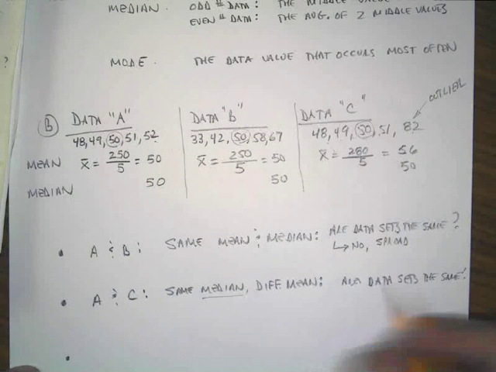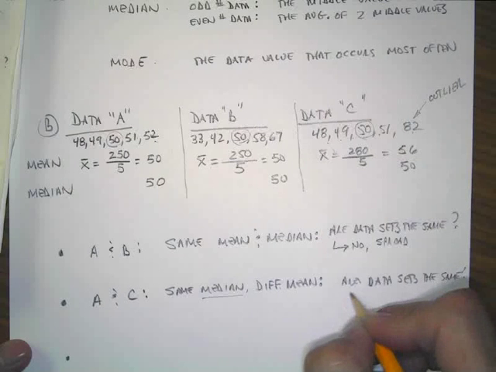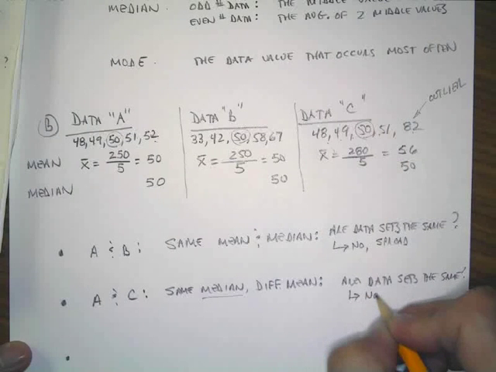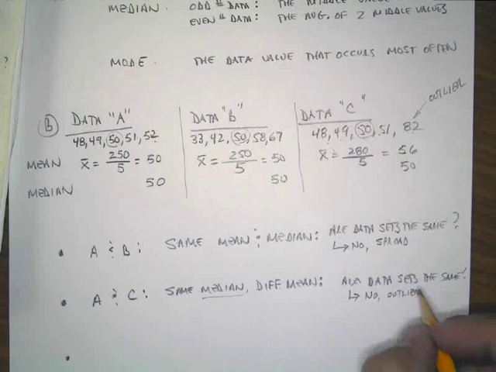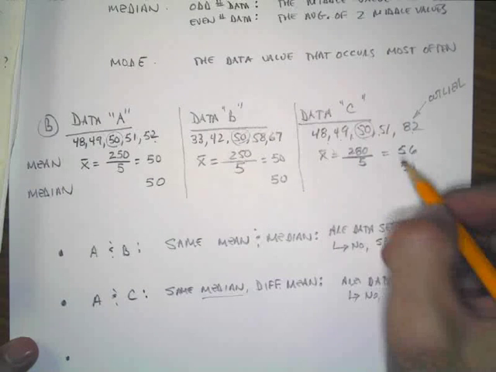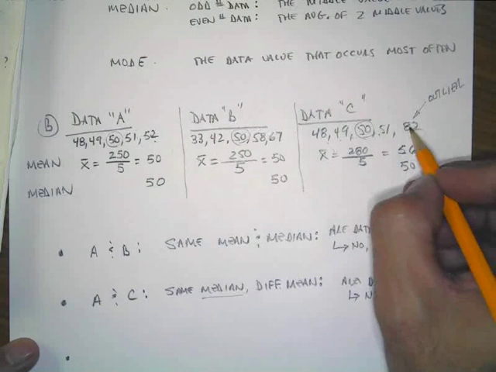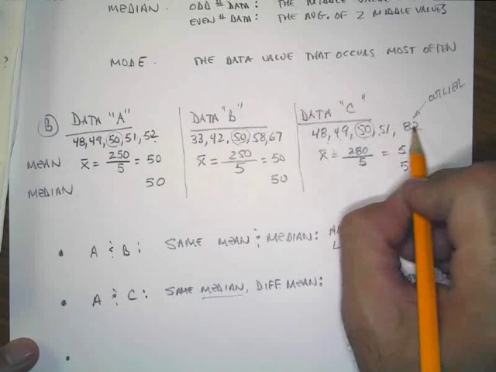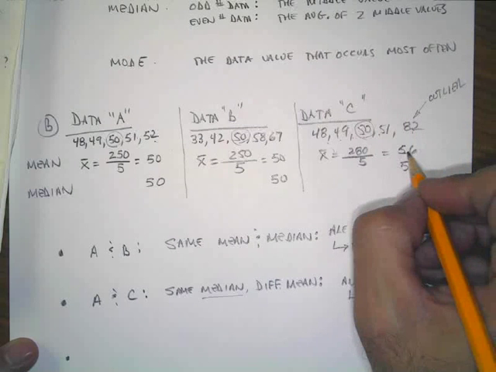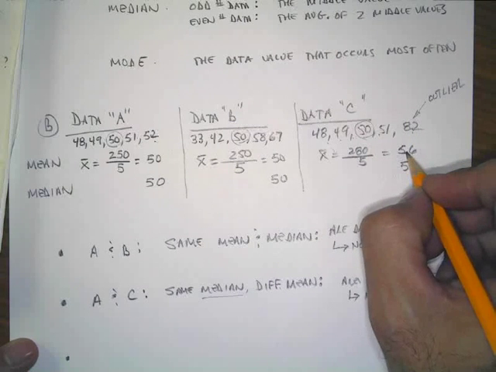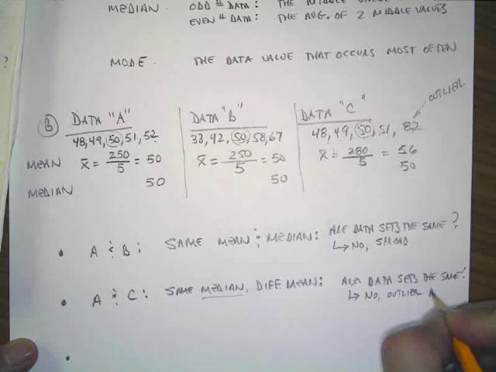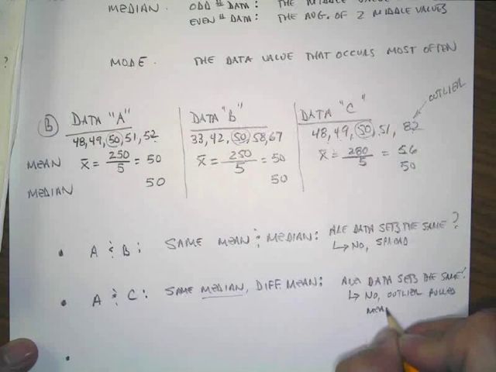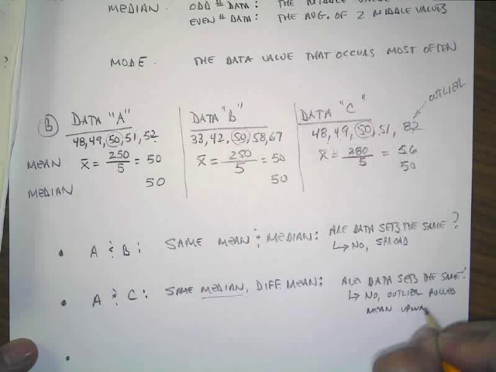So, are the data sets the same? No, they are not. There is an outlier. And what does that outlier do? Well, if you look at the mean, as this number went out away from the center, it pulled the mean upwards. So in this case, the outlier pulled the mean upwards.